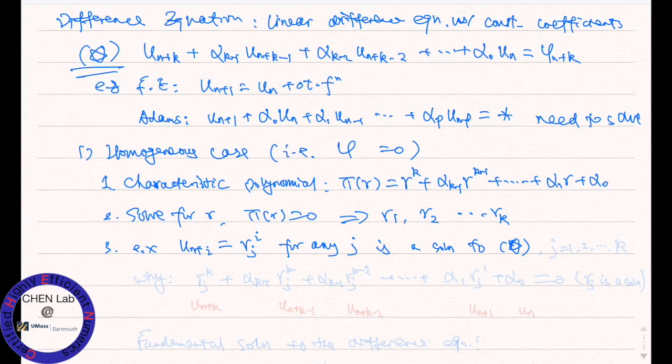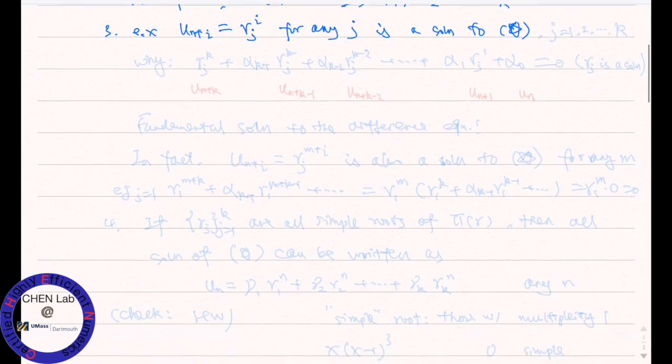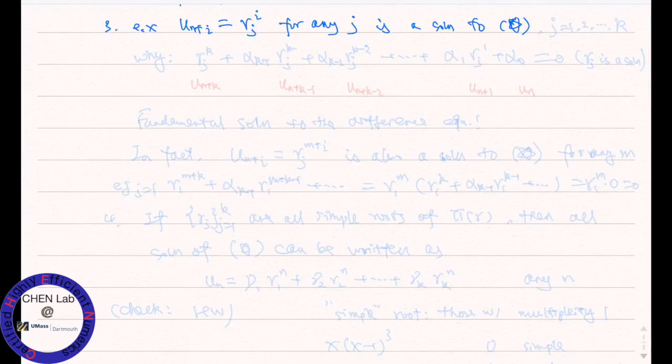It's a dirty trick. Here j is 1, 2, all the way to k.